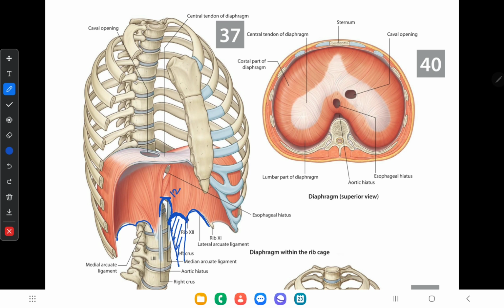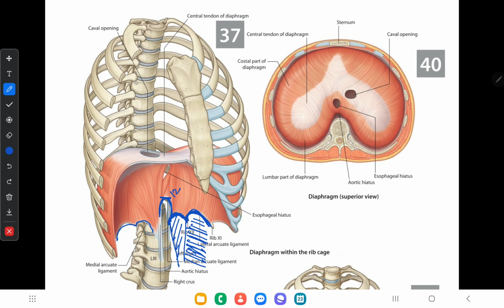Then there is the lateral arcuate ligament. This lateral arcuate ligament is formed by thickening of the upper margin of the anterior layer of the thoracolumbar fascia in front of the quadratus lumborum muscle. Here there is a muscle called quadratus lumborum muscle.